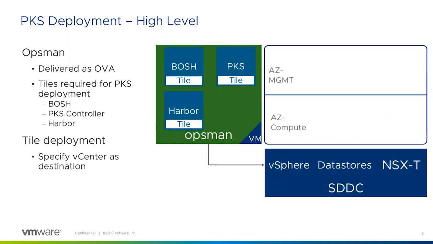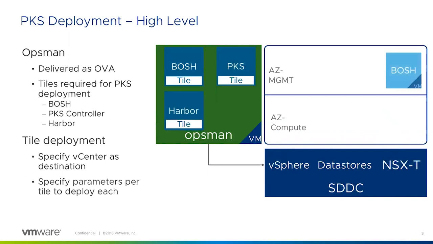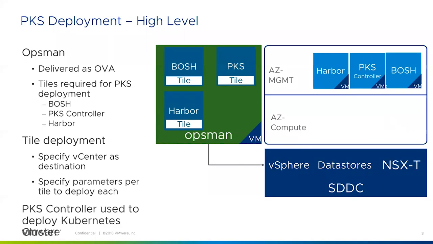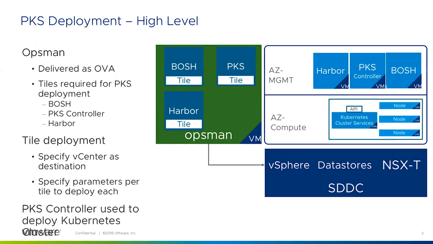And the place where you deploy these are simply vSphere clusters. Here they are designated as availability zones, but they are just vSphere clusters. So management, as the name stands, is where you would deploy the management components, and that would be BOSH, PKS, and Harbor. And then AZ Compute is where you would deploy the actual Kubernetes clusters, so the worker nodes as well as the master nodes.